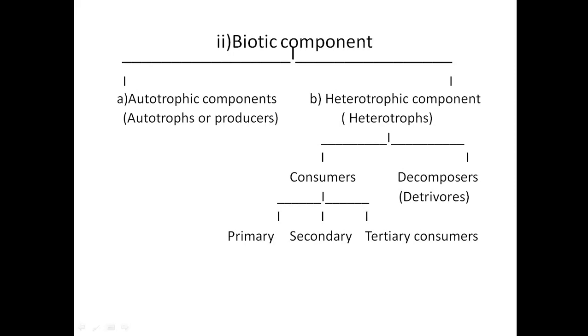So you can see a kind of food chain is already being produced, because the producers produce the food which is taken up by the consumers, which can be primary consumers who are directly dependent on the producers. Then there are the secondary consumers which are dependent on the primary consumers, and then you have the tertiary consumers who depend on the secondary consumers.